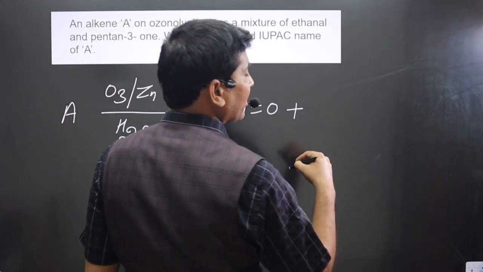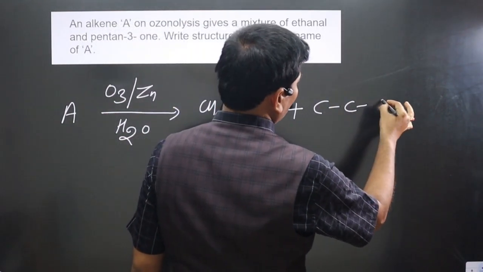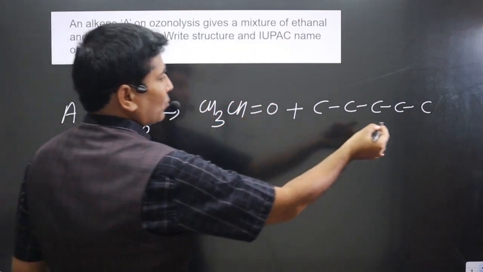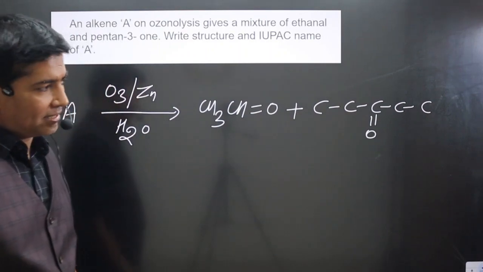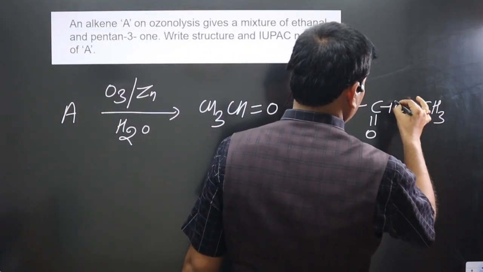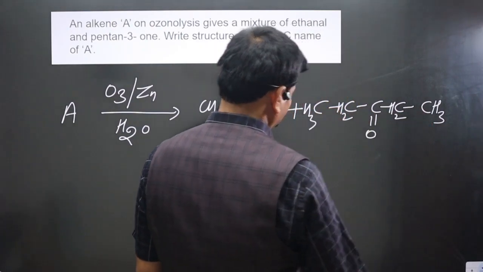Pent means how many carbons? We have 5 carbons: 1, 2, 3, 4, 5. And it says 3-one, so to the third carbon we attach oxygen. Satisfy the valency of carbon by attaching hydrogen: H3, H2, H2, and then H3.